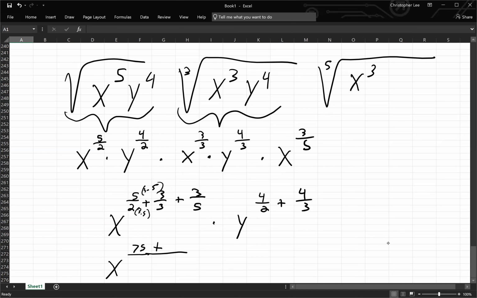Plus 2 and 5. So 3 times 2 times 5 is 60. And then this last one is 2 times 3. So that's like 6 times 3, what's that, 18?